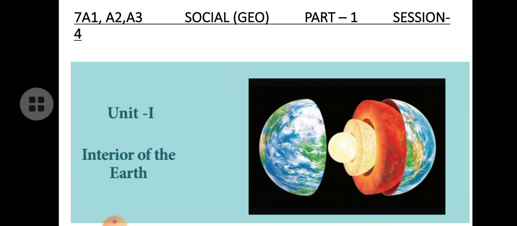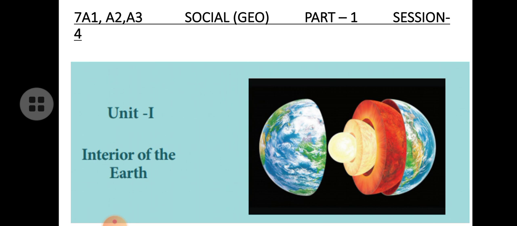When you look at our Earth, it has a variety of features, isn't it? You can see very high lofty mountains, plateaus, plains, deep valleys, and many more identities in our planet.